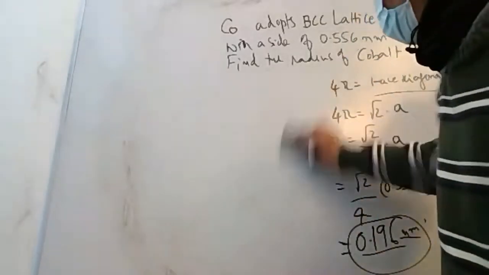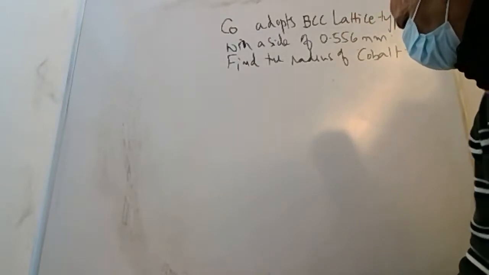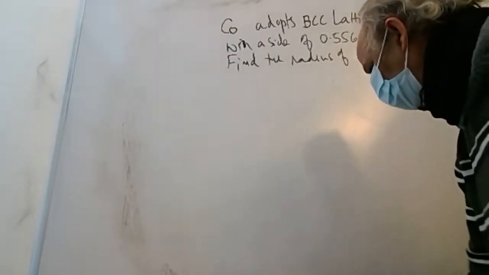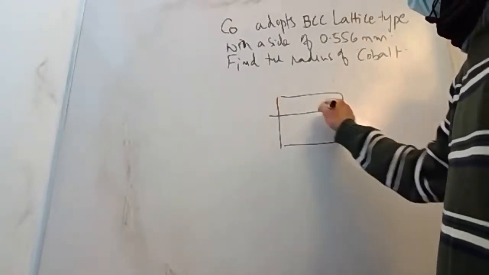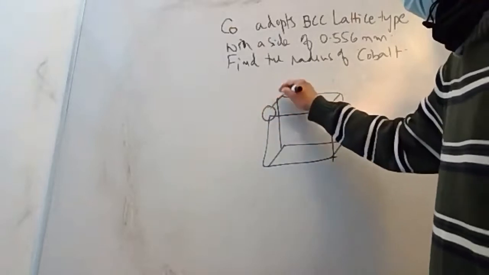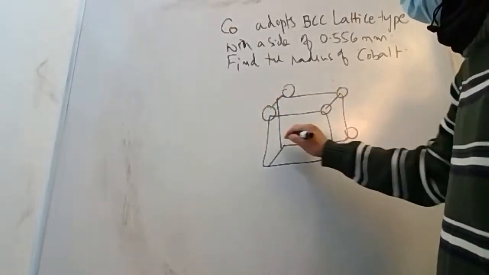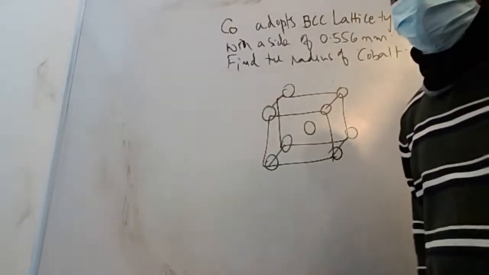Okay, so now I have a different situation here. I have atoms at the corners. We all know what a body-centered cube looks like. So we have atoms in the corners. Of course, they're touching, and I have one atom in the middle of the body.